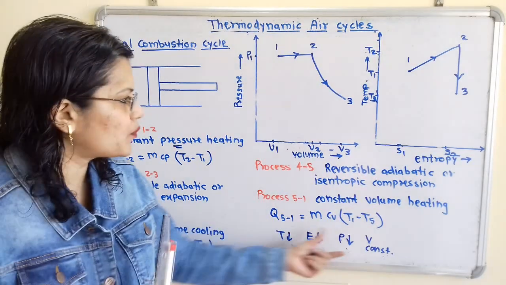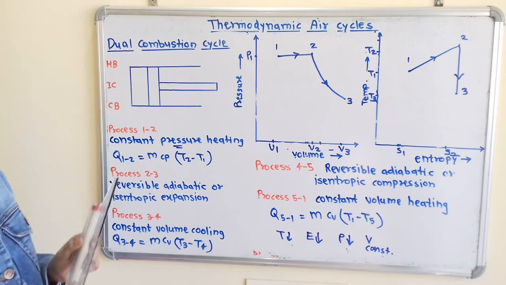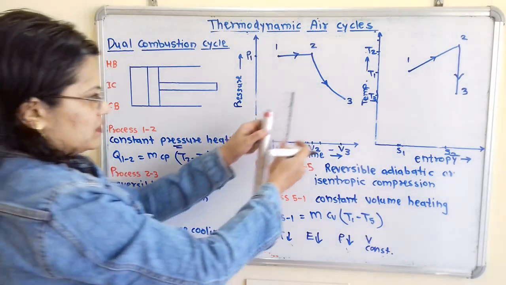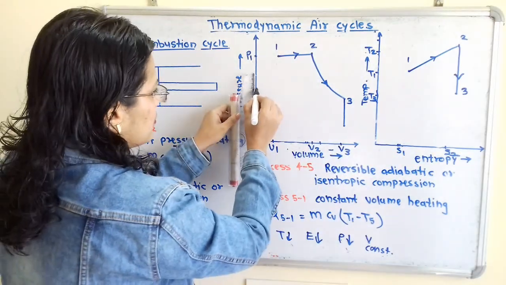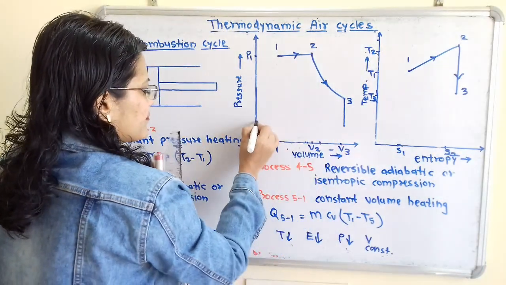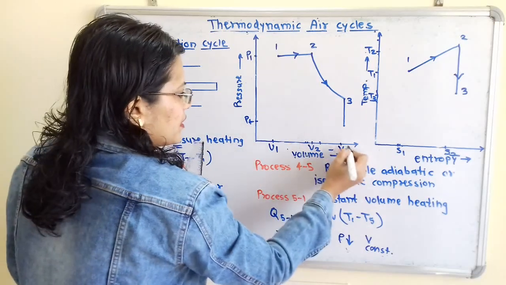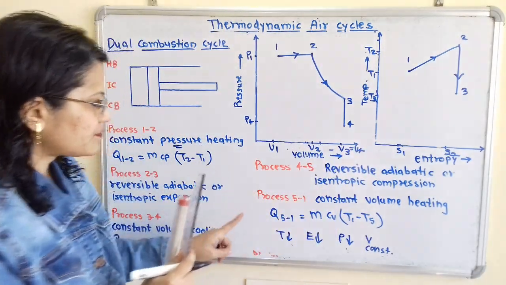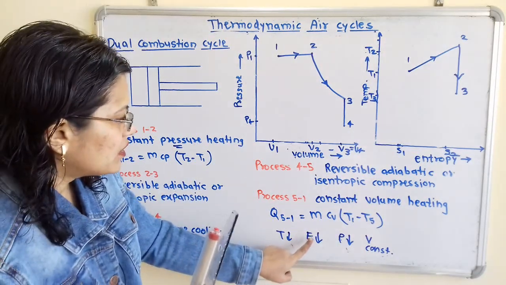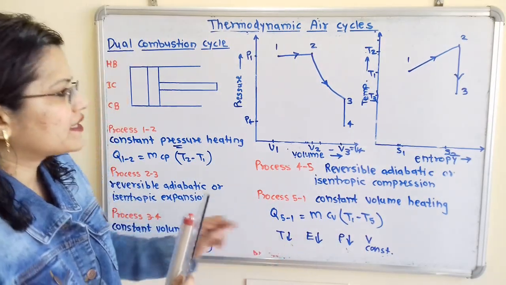So now we have to plot this relation. So pressure decrease and volume constant. So here will be the point 4, P4. V3 is equal to V4. Then we have to show decrease in entropy and decrease in temperature.